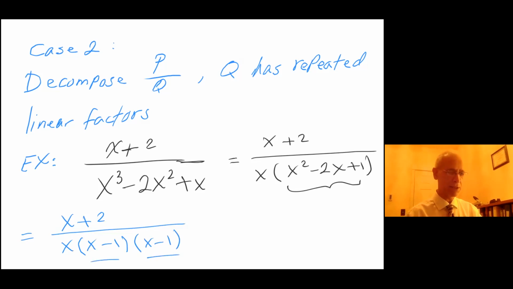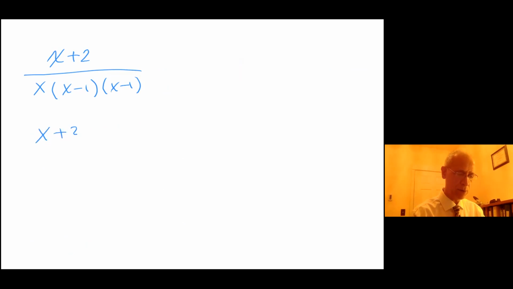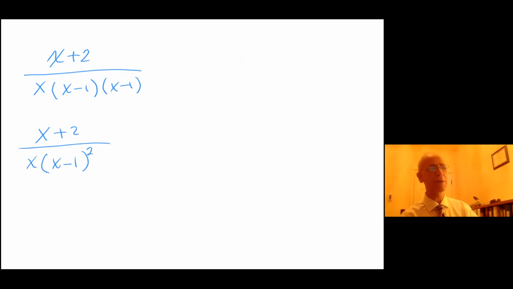So let's go to the next page and write our rational function x plus 2 over x times x minus 1 times x minus 1. You can write this as x plus 2 over x times x minus 1 squared. That's more common in textbooks.